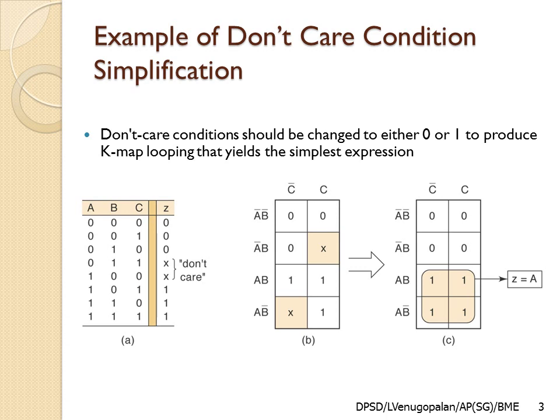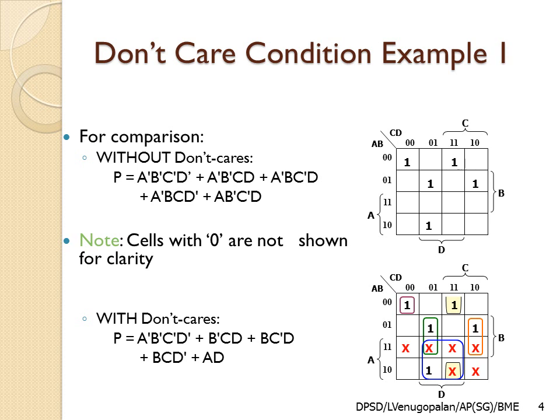So this is how you can use don't care conditions to simplify your K map further.